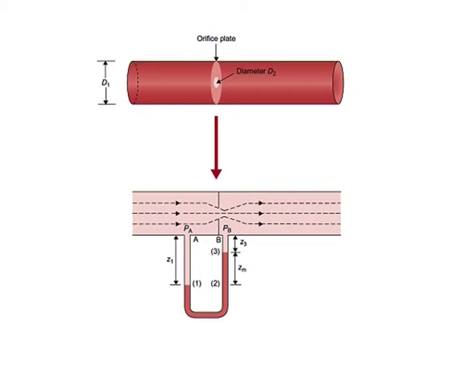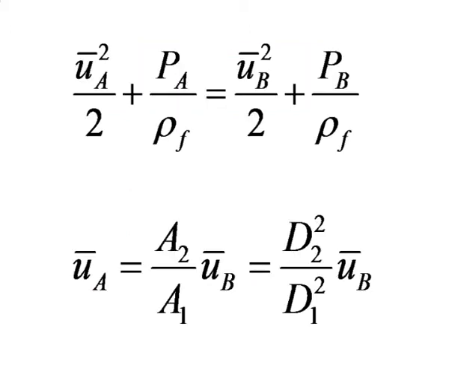Hence, using equation 45, we get UA bar square divided by 2 plus PA by rho F is equal to UB bar square divided by 2 plus PB by rho F. Here UA bar is equal to A2 by A1 UB bar, which is equal to D2 square by D1 square into UB bar.